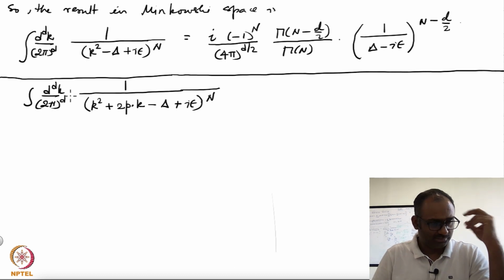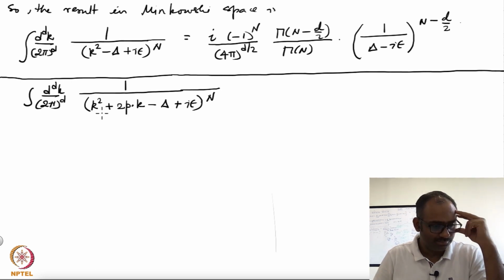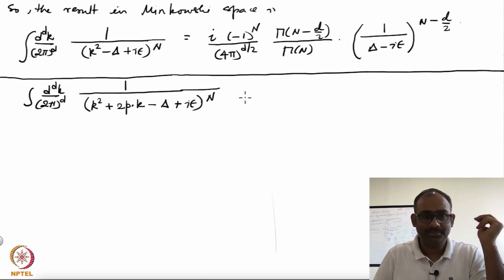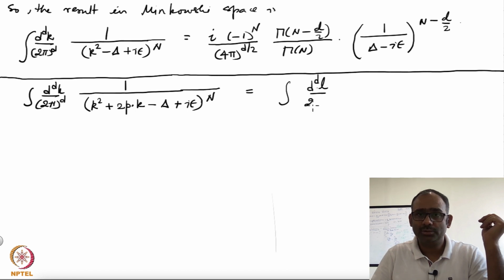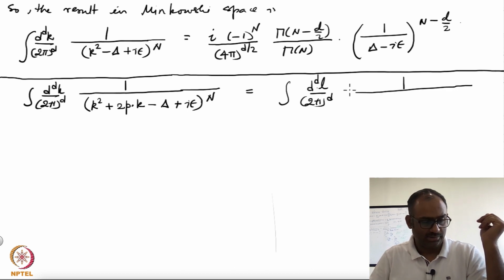So, I leave it as an exercise to just do the change of variables. Okay. By first you complete the square and then do a change of variable and write it as the following. So, this will become d dl over 2 pi to the d. Okay, I am just giving you the result of what will happen after completing the square and changing variables.